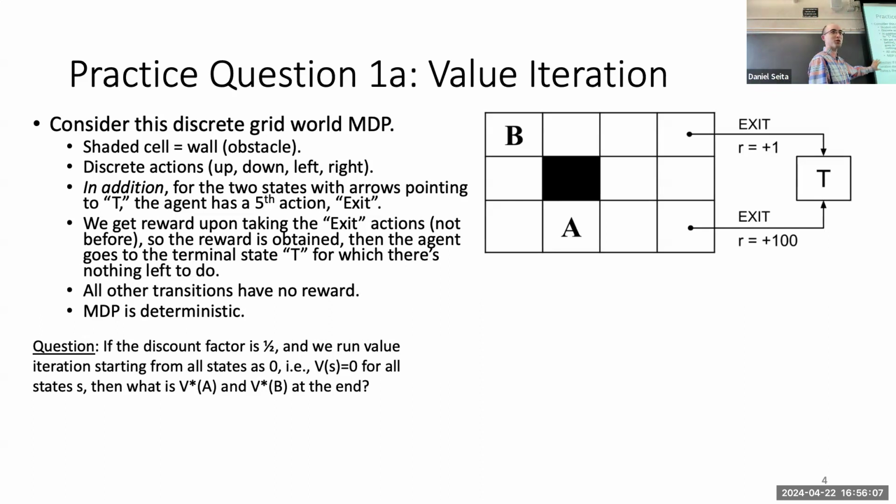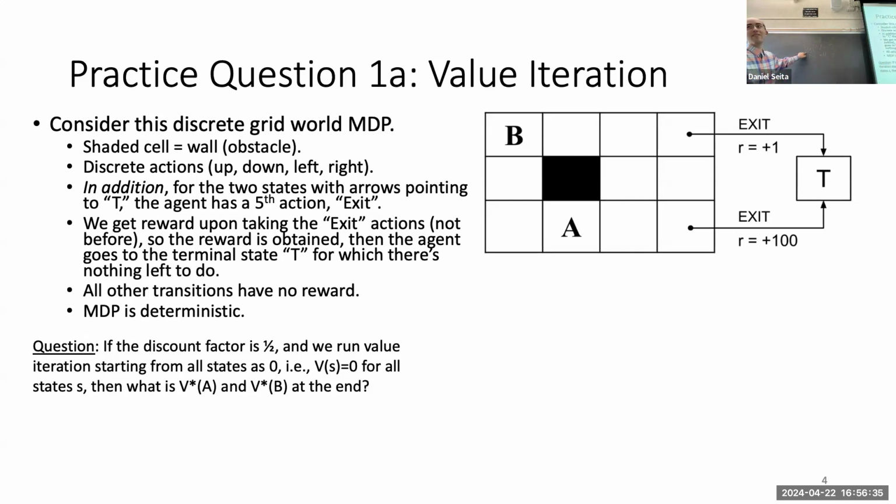So here's one question. If your discount factor is 1/2, and you run value iteration starting from all the states as 0. To make it more formal, I should have written V0 equals 0.